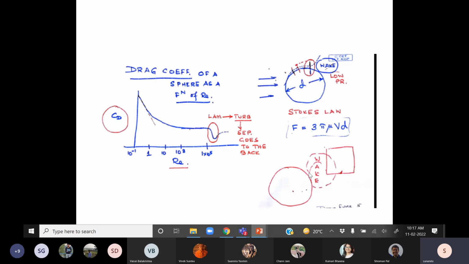In turbulent flow, let's say if we are talking about a ball, then when it becomes turbulent, the flow starts to separate from the moving object, the moving sphere, and a wake is formed at the back. The wake is a low pressure region, whereas at the front there is going to be stagnation pressure. So this is going to be a high pressure region.